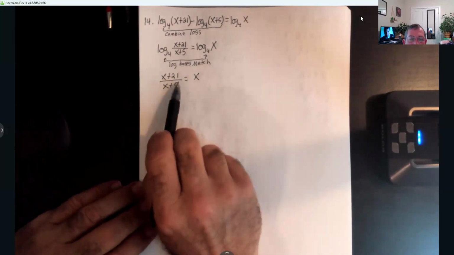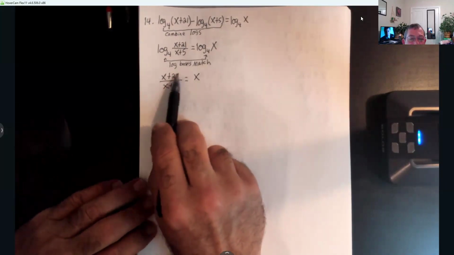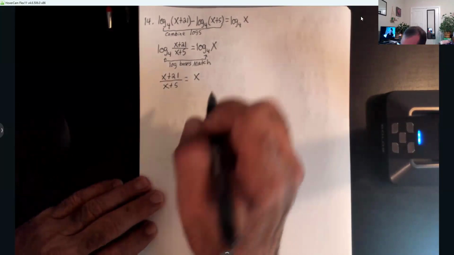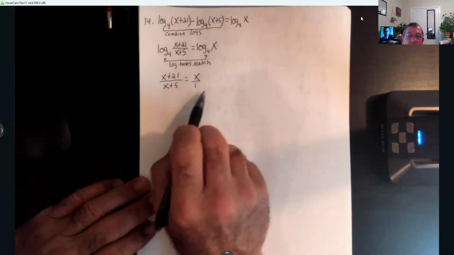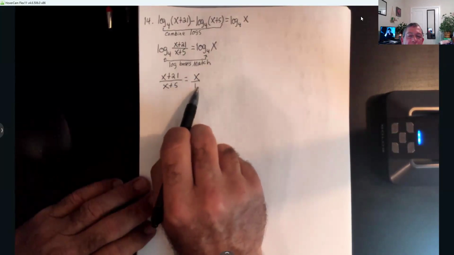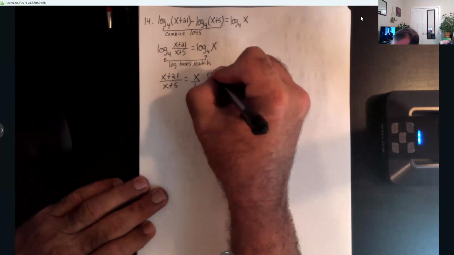Now, y'all, we sort of solved some of these problems earlier, but the trick over here, when you're solving fractional type equations, make the right side look like a fraction, and then I'm just going to cross multiply.